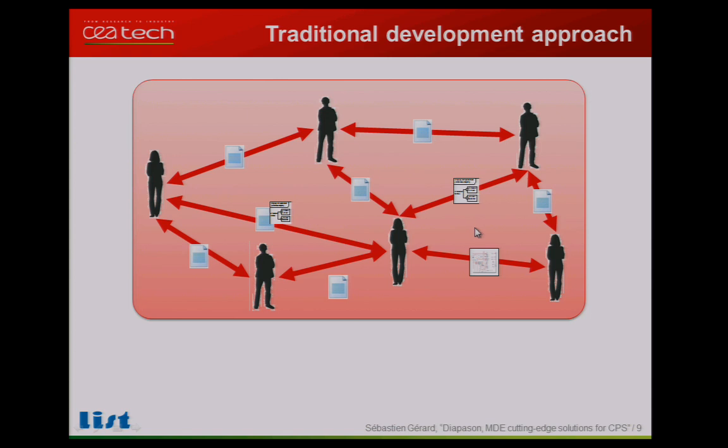The current approach to the design of a system is that you set up a team of people. These people have some responsibility, some concern, like dealing with the risk analysis, the project management, the maintenance of the product, the development, and so on.